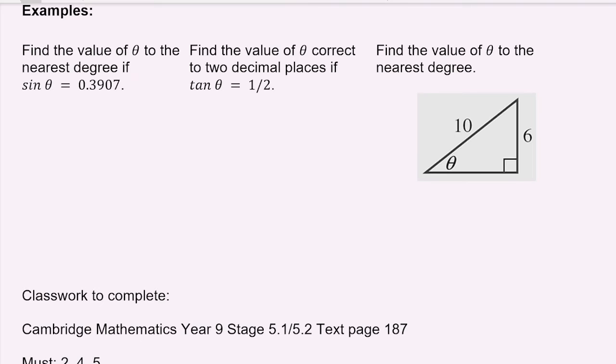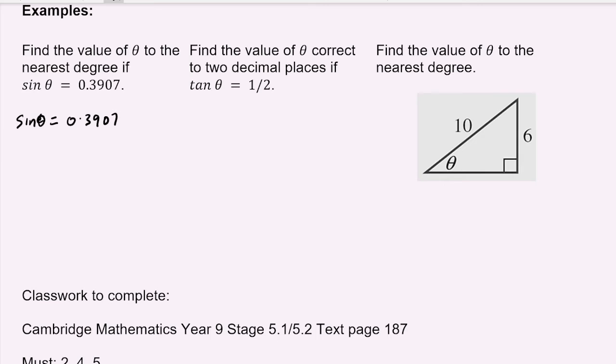Okay, so our first one is find the value of theta to the nearest degree if sine theta equals 0.3907. So what we're going to do, we have sine of theta equals 0.3907.